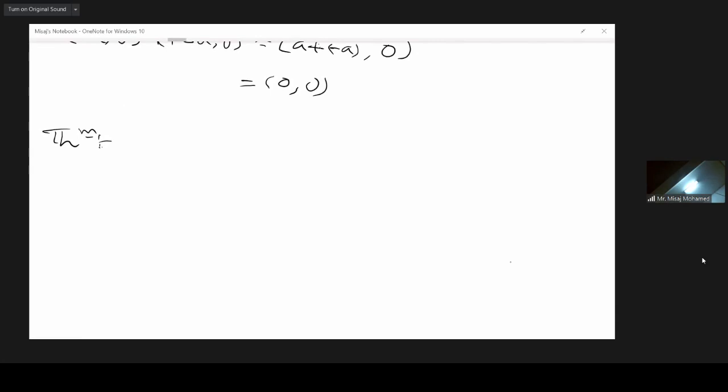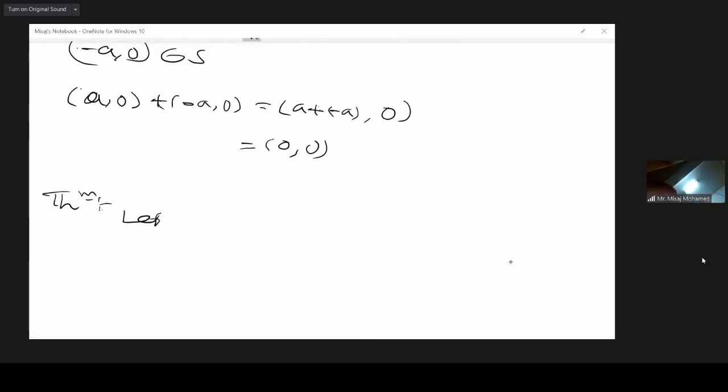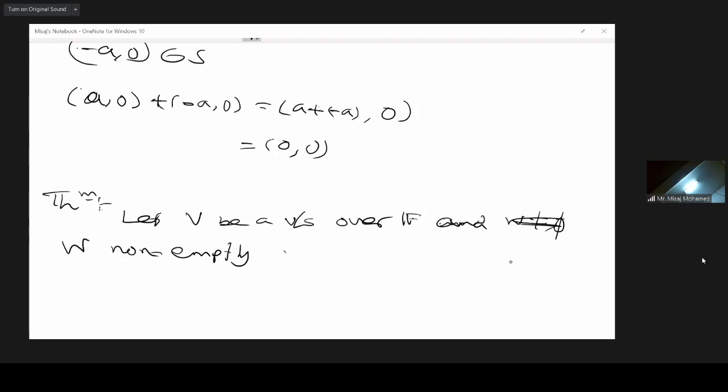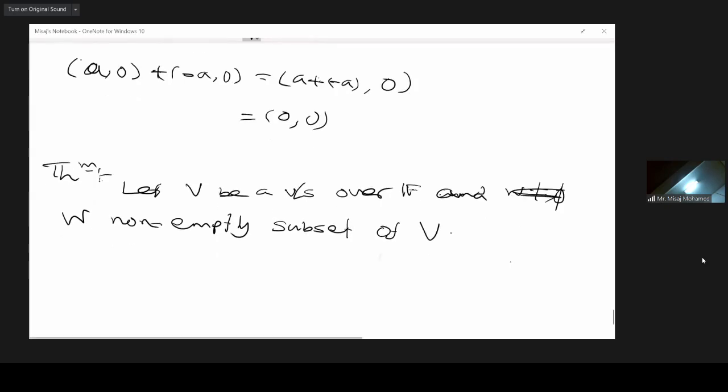Let V be a vector space over F. And W is a non-empty subset of V. Non-empty subset. දීලා තියෙනවා.